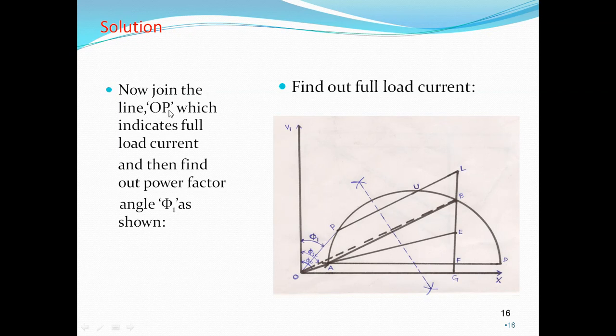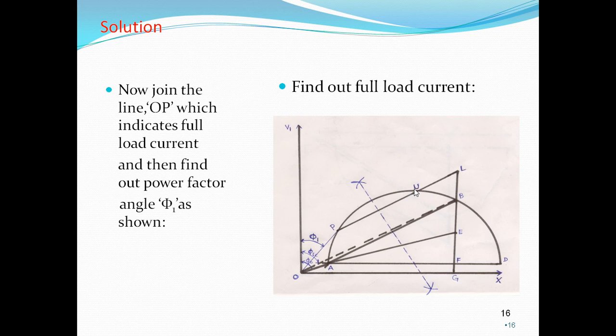Now join the line OP, which indicates the full load current, and the phase angle is phi 1. So this is the drawing of a circle diagram. Whatever data he has given, up to this point is common for all circle diagrams. After drawing this, we have to check what he has given and what he told us to calculate.